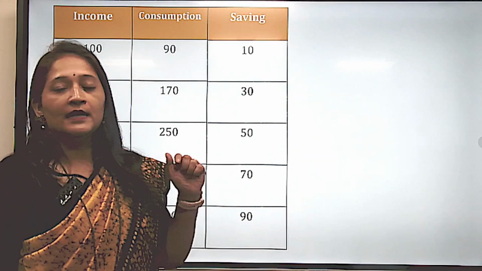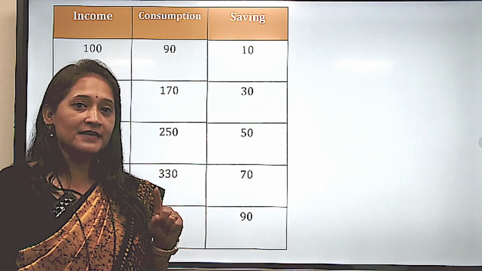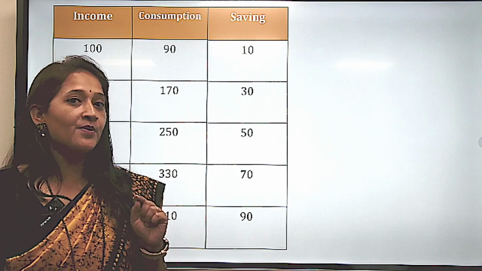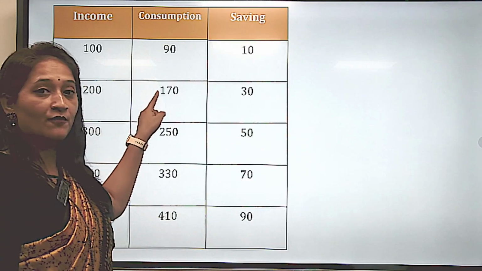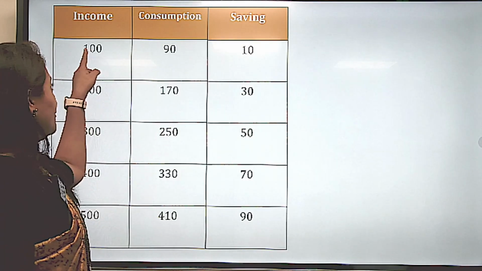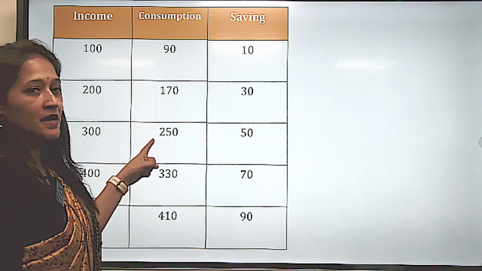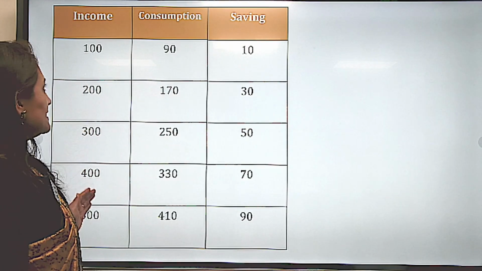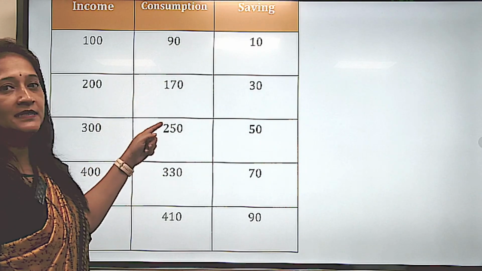So, if you have seen the video on consumption function and saving function, we were able to derive the different levels of consumption with different levels of income. So we got these values of consumption. As income increases, there's a rise in the consumption by these numbers.